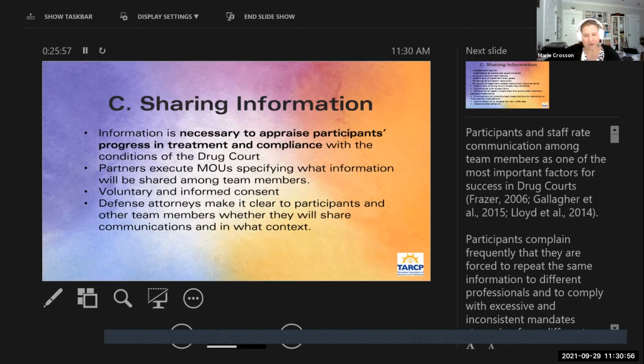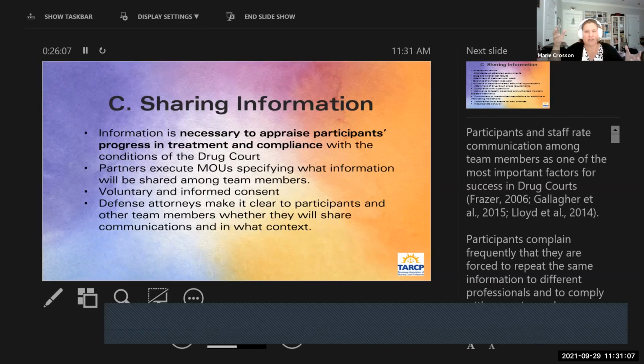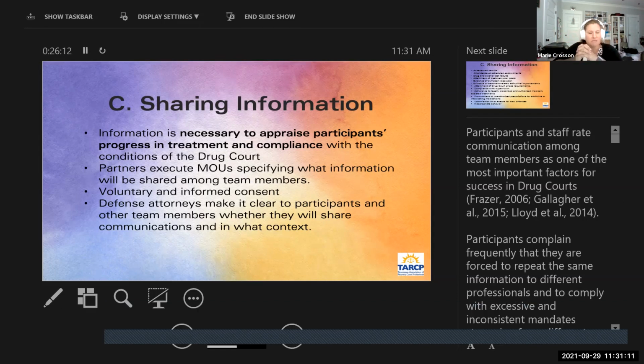And we all know, if you've been on a treatment team or a recovery court team for any length of time, that you've got the court understanding of things and the treatment understanding of things. And when you begin to partner those, it can be a struggle. Treatment has an idea of confidentiality. Public defenders have an idea of confidentiality.